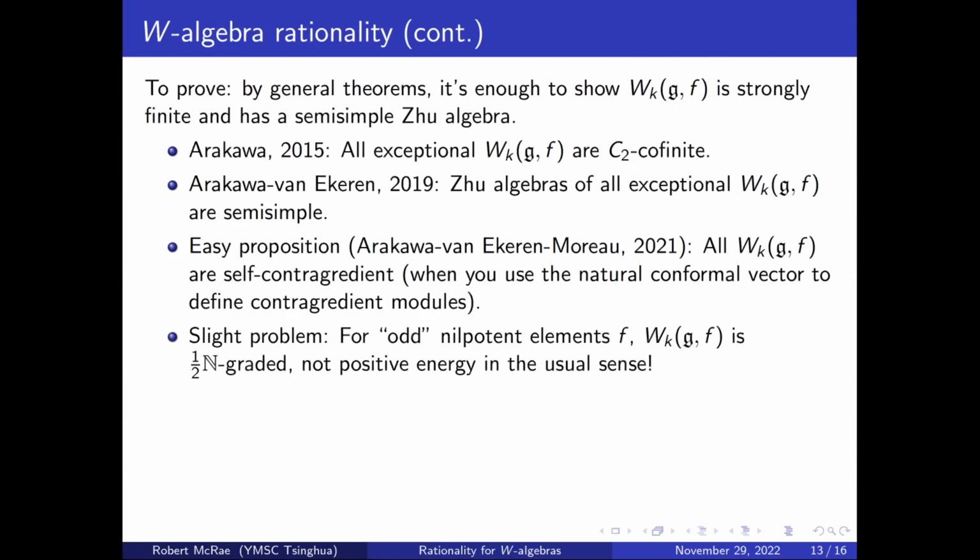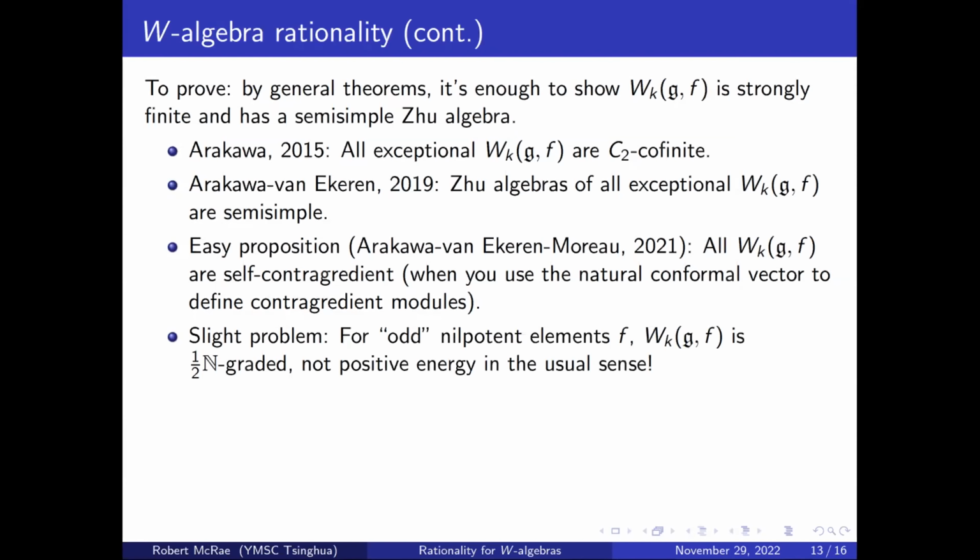But there is actually a problem where you have to do something additional, and that is that many of the nilpotent elements that show up in many of these nilpotent orbits O_q are these so-called odd nilpotent orbits. And in these cases, the W-algebra is not actually a Z-graded VOA.